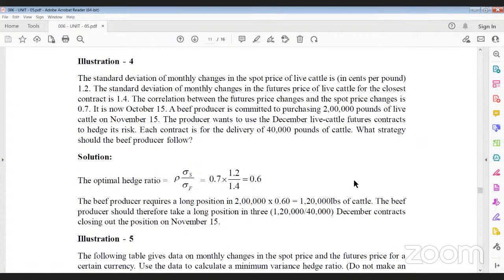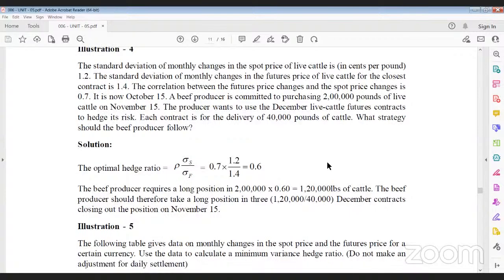Here we have some illustrations to work on, to identify and interpret the results and the strategies which can be followed. Look at illustration number 4, which gives the standard deviation of spot prices of live cattle as 1.2. The standard deviation of monthly changes in the live cattle futures is 1.4.